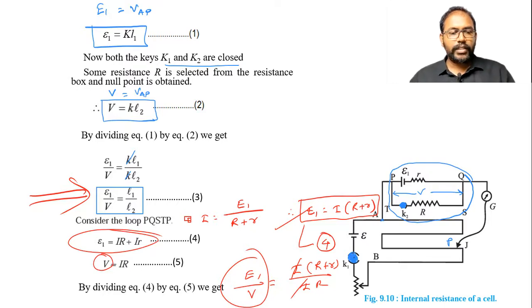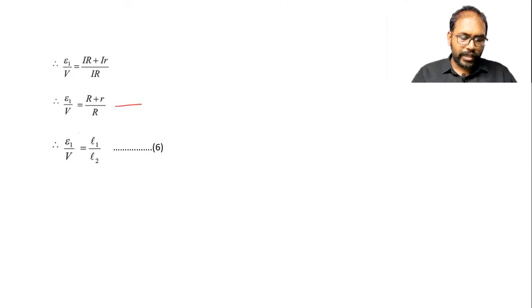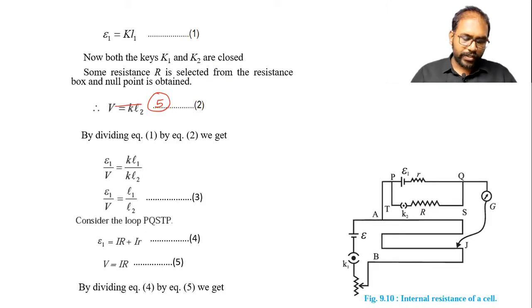Now let's see the next one. Dividing the equations, I gets cancelled, and we get this. This is equation 5 we can call it, and this E1 by V is equation 6 that we already have, equation 3, which we wrote on the next page.